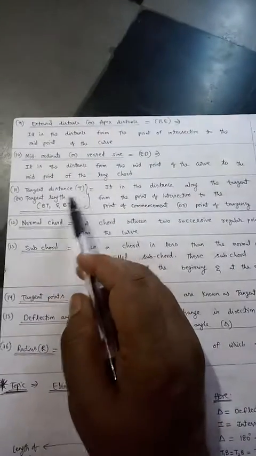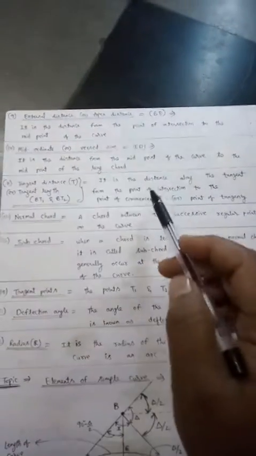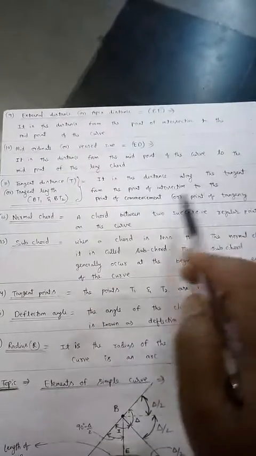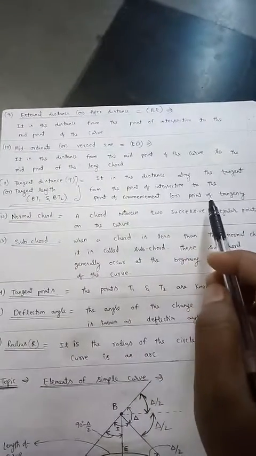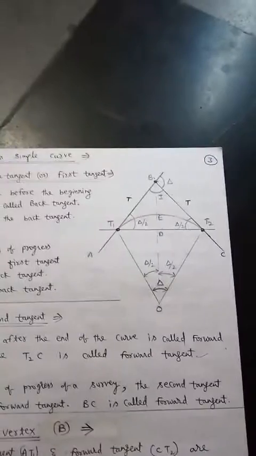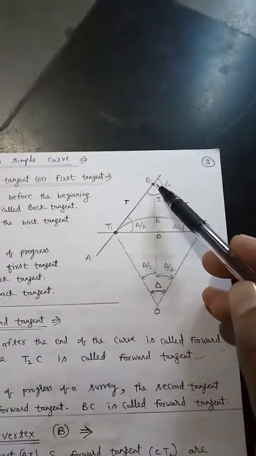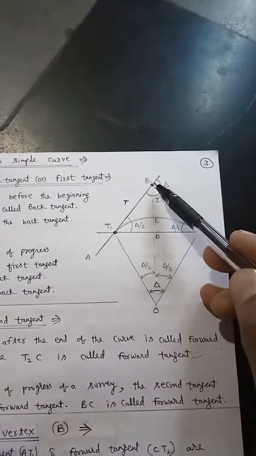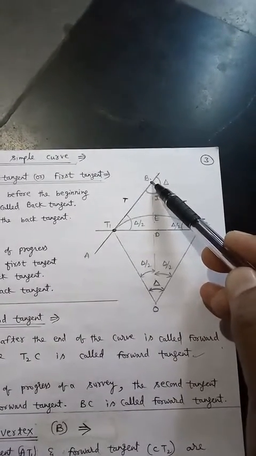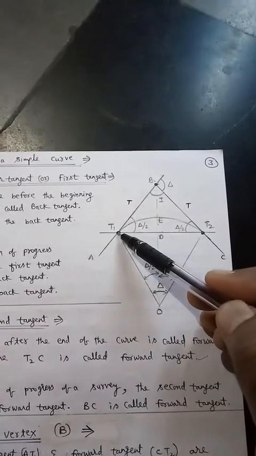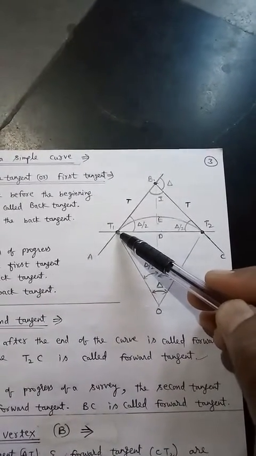So the next definition is tangent distance or tangent length. It is the distance along the tangent from the point of intersection to the point of commencement or point of tangency. I will show in the figure. See the figure, the distance along the tangent from the point of intersection to the point of commencement, BT1, is known as tangent distance or tangent length.